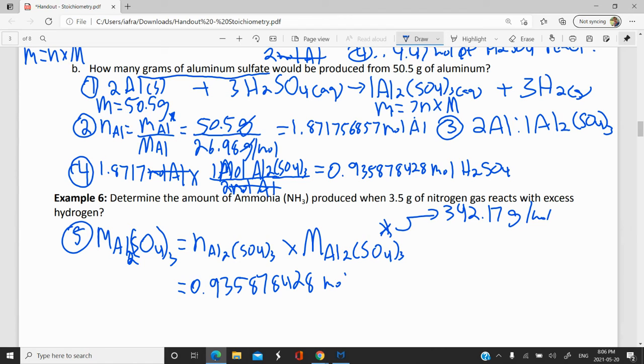And so we can just write that out here as 0.935878428 moles. You don't have to write all those digits down. I keep them all in my calculator though, just so I'm not far off from where the answer should be once I round. The more you round, the farther away you're going to be from your answer. So times 342.17 grams per mole.